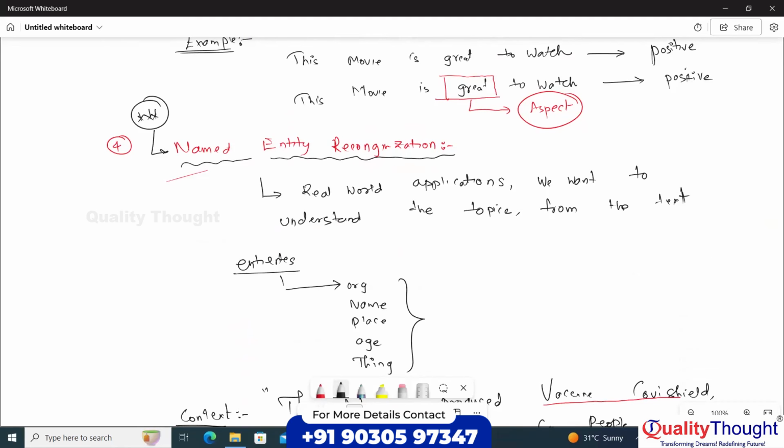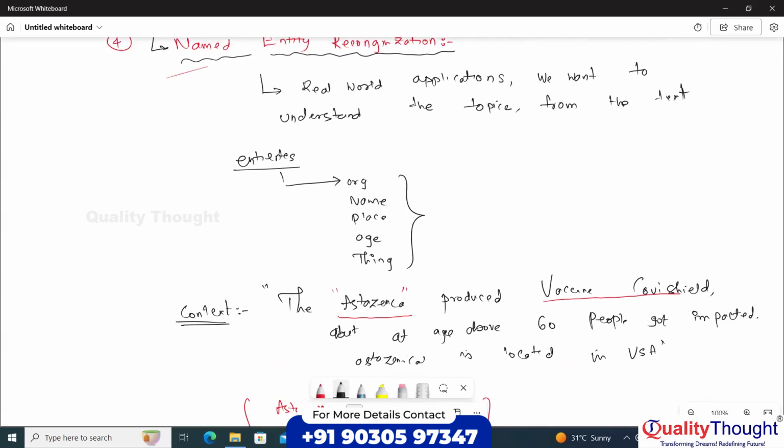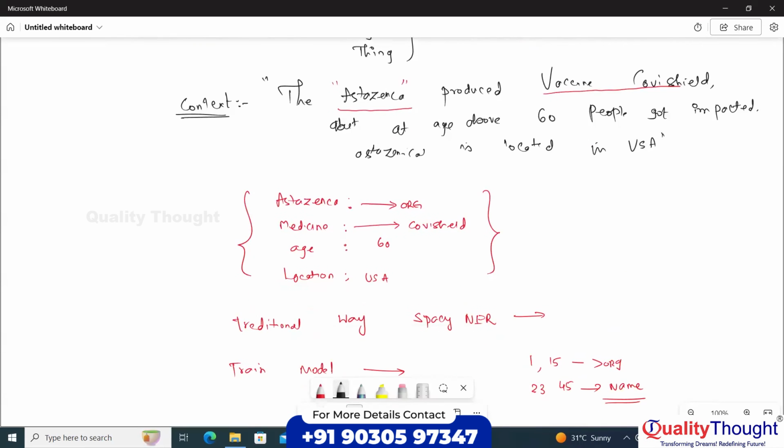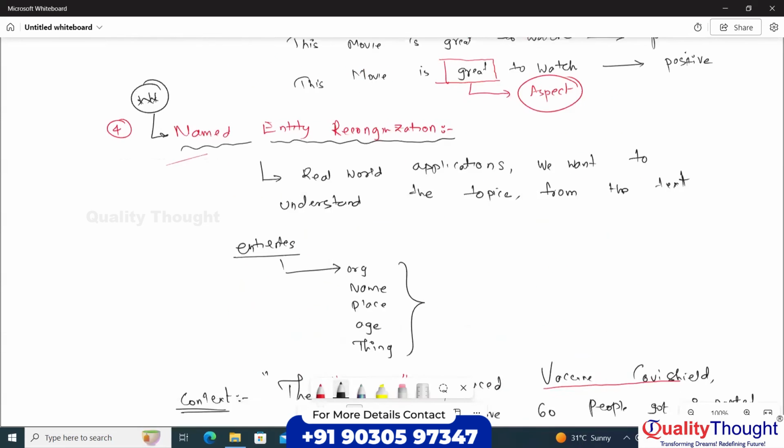You want to extract named entities like person, place, thing, age, medicine. We will use named entity recognition, done by Universal NER, which is based on transformers.